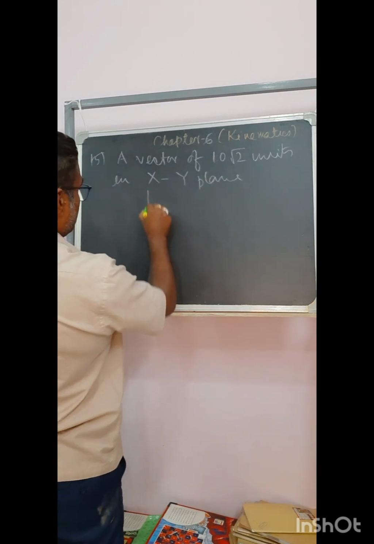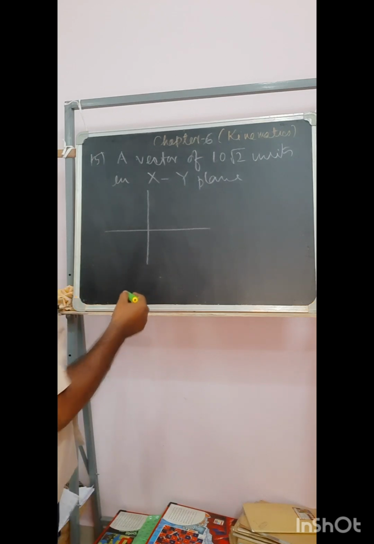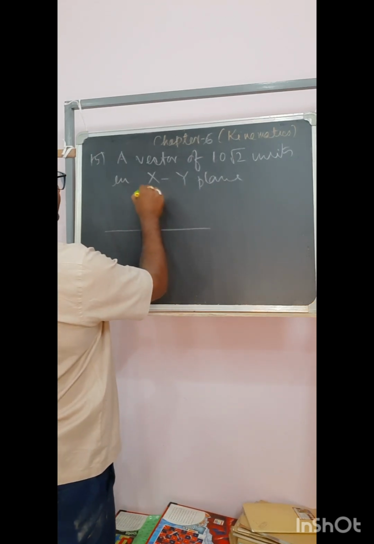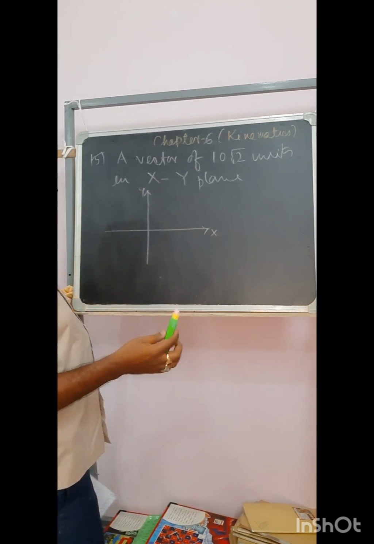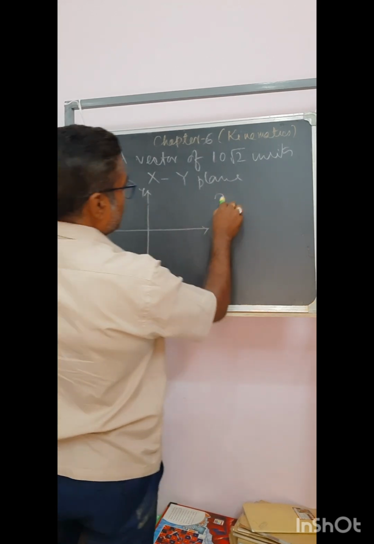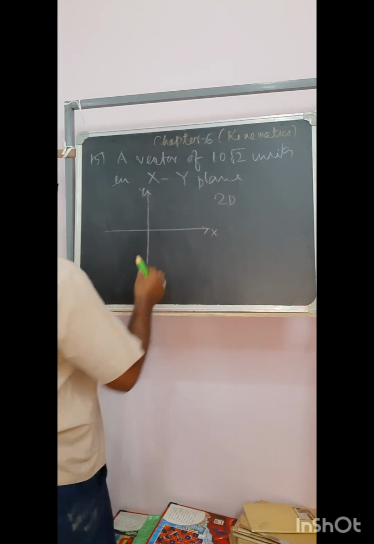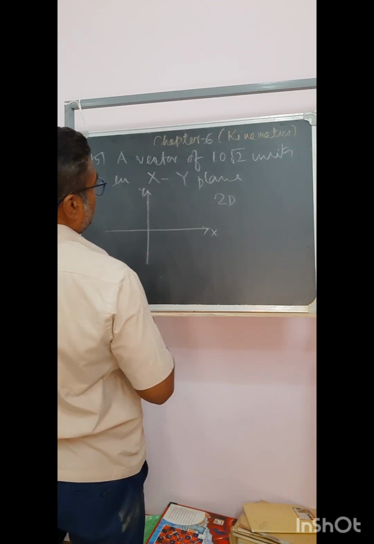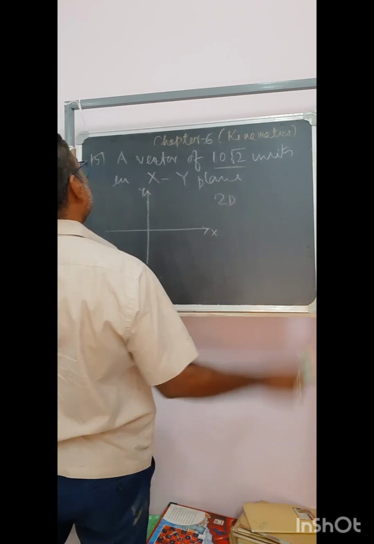If I draw the xy plane with the axes x and y, whatever plane is formed by these two axes, which is a 2D plane, is the xy plane. So in this plane, which vectors have dimension 10 root 2?